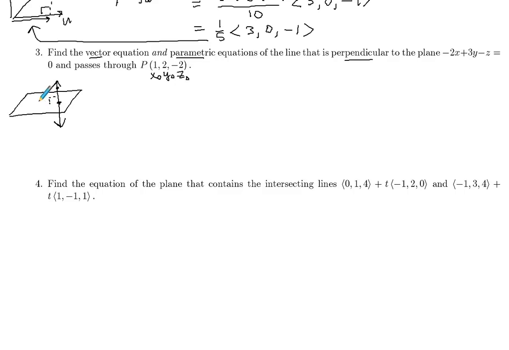And then what we know from the equation of the plane is a normal vector, n. If both of those are perpendicular to the plane, then they've got to be parallel to each other. So we can take our direction vector v to be parallel to the normal vector. They've got to be multiples of each other. Well, the easiest multiple to take is just v equals n.